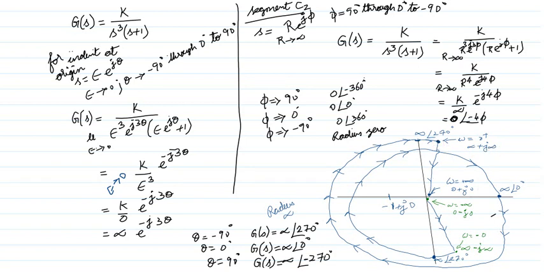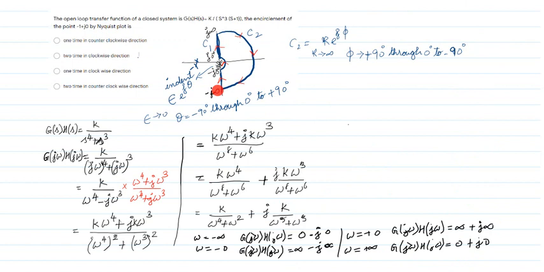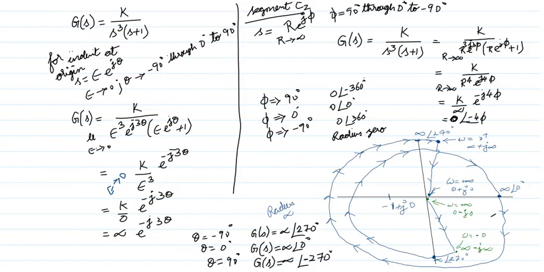Sorry, first we start with omega minus infinite, omega 0 minus, then the indent, omega 0 plus to omega infinite, then segment C2. This is the order. We are going to start this way. So omega equal to minus infinite is this point, omega equal to minus 0 is this point. I am going to plot those values. Omega minus infinite, I get 0 minus j0, it is here. Then omega equal to minus 0, infinite minus j infinite, I get this point.